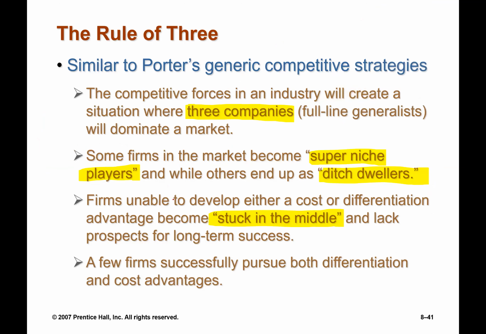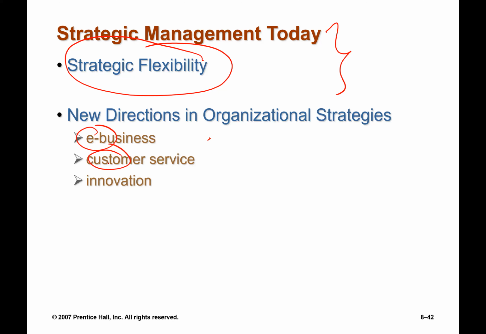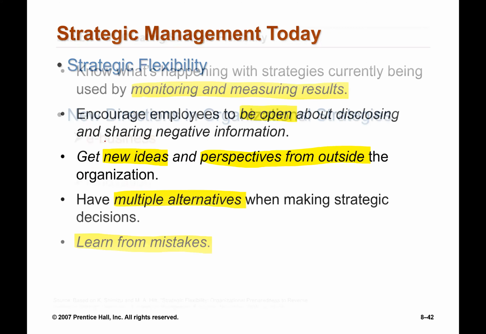And then what about strategic management of today? Okay, today's strategic management basically focuses on flexibility, and then focuses on either IT, customer orientation, or innovation. For instance, strategic flexibility.